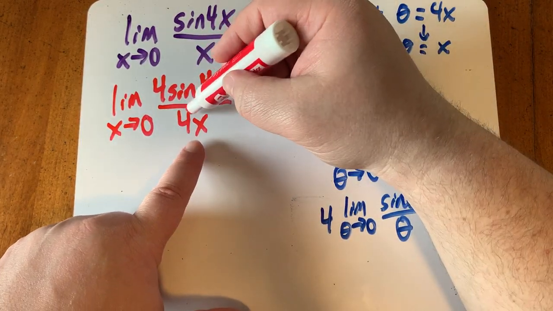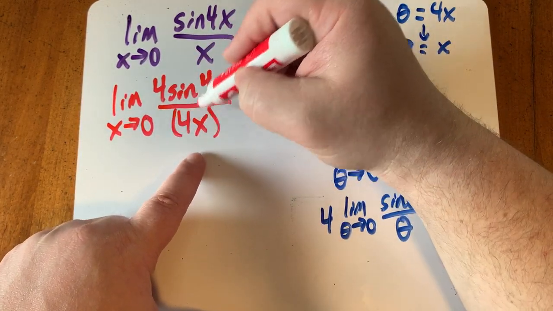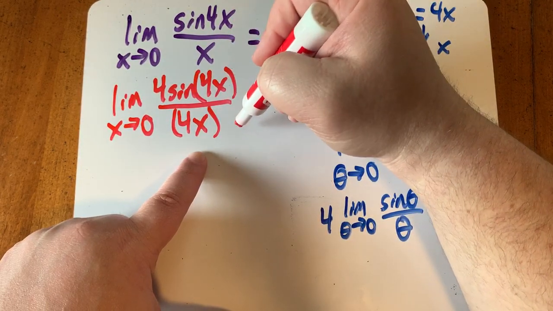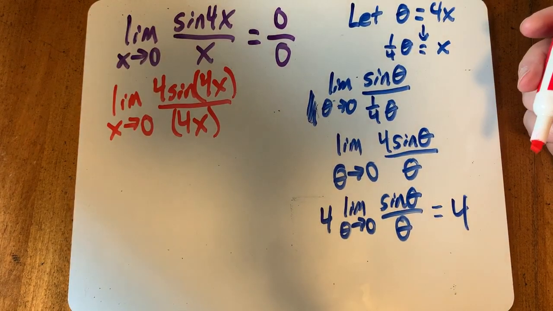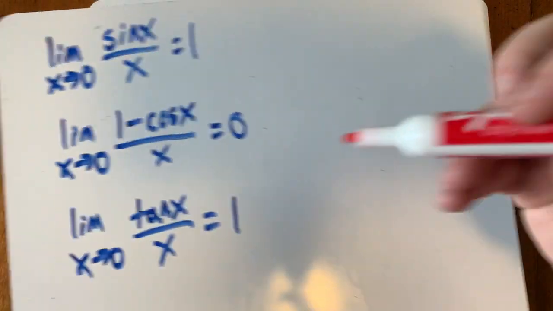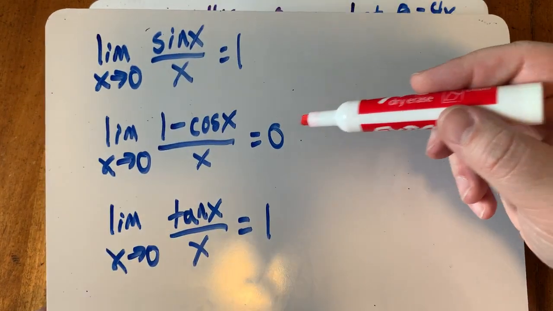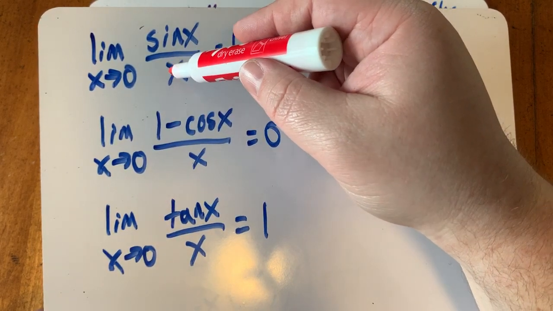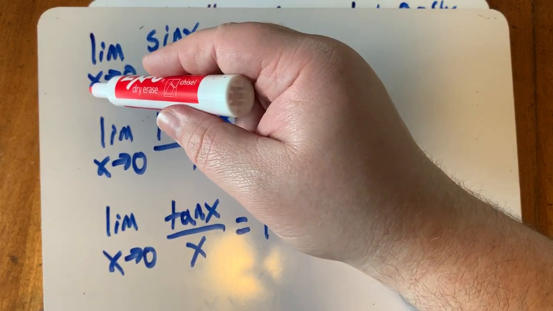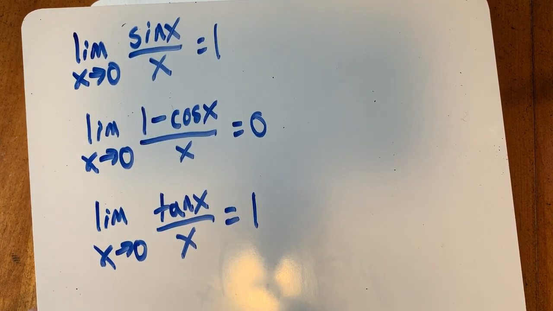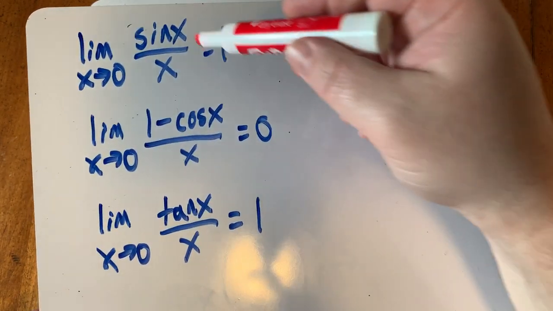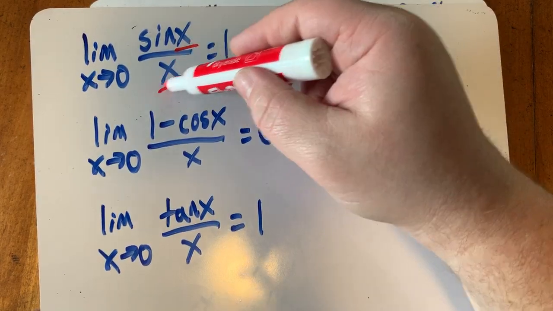Now, as long as this matches that, it's the same rule. It's the same rule as this, because when 4x approaches 0 is the same place where x approaches 0. So it doesn't matter as long as these two match up.